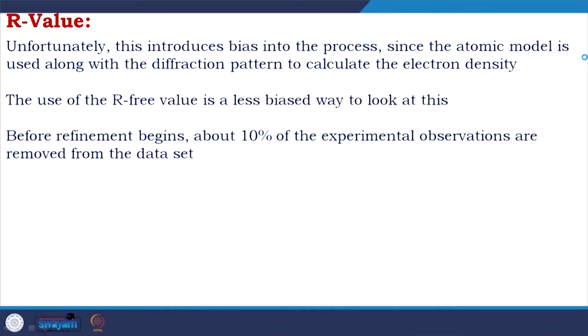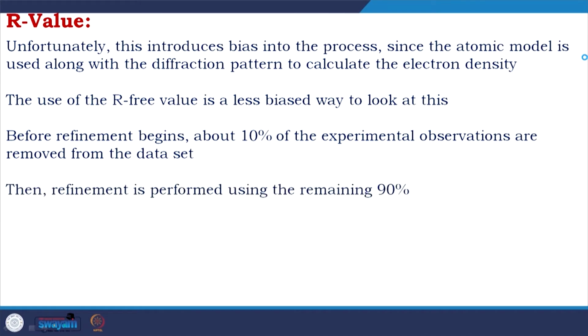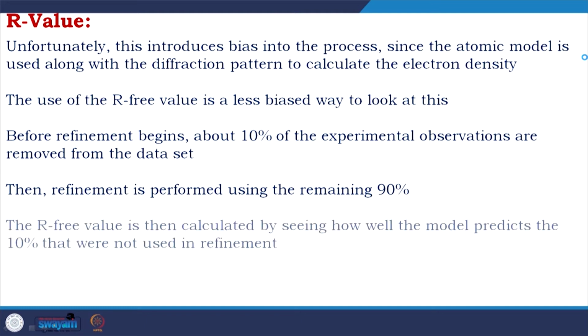Similarly, what we do, we get the entire R value, and before the refinement we have taken out 10% of the data. So, we get the experimental observations, the frames, and we take out 10% of the data. Then refinement is performed using the remaining 90% of the data.